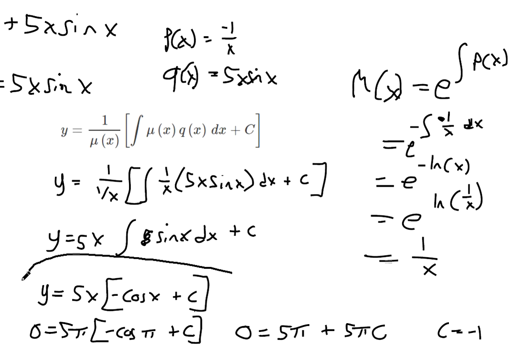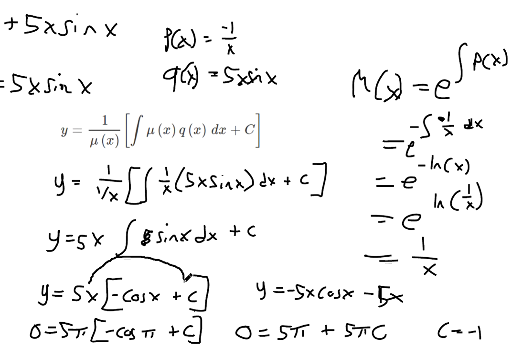So now we've got everything. This is our solution. Y equals negative 5x cosine x and subtracted by 1. I was going a little too quick there at the end. This is minus 5x, I think, because 5x was distributing to c. So the solution here is y equals negative 5x cosine x minus 5x.